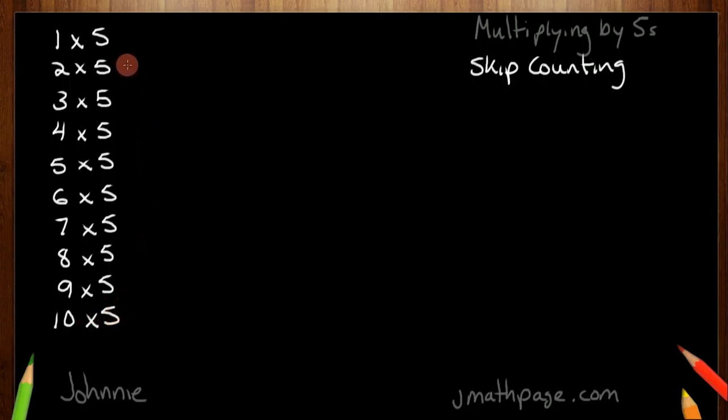This is like a multiplication table, right? And you've probably been learning your tables and learning to memorize all your multiplication facts, and that's all good. It's important to know those things.